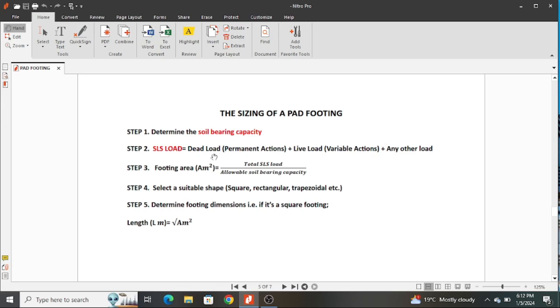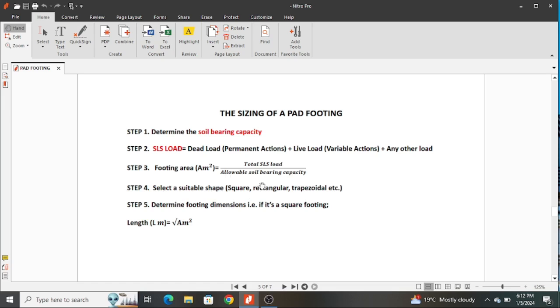After determining the SLS and you have, of course, your bearing capacity, then you determine your footing area. How do I get the footing area? To get the footing area, you take the total serviceability limit state load and you divide that by the allowable soil bearing capacity.